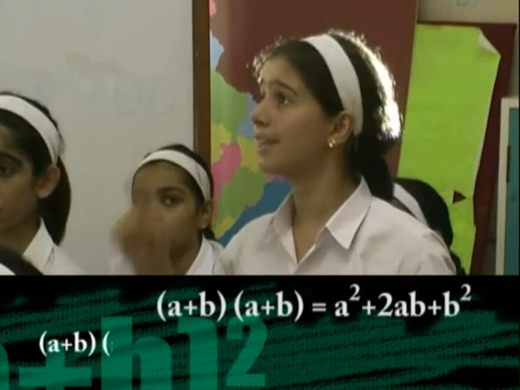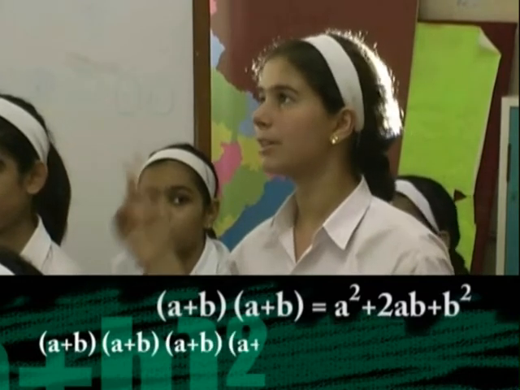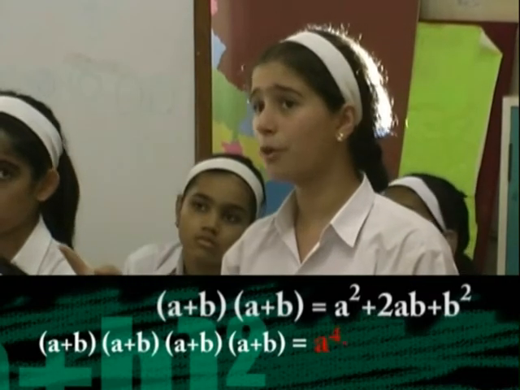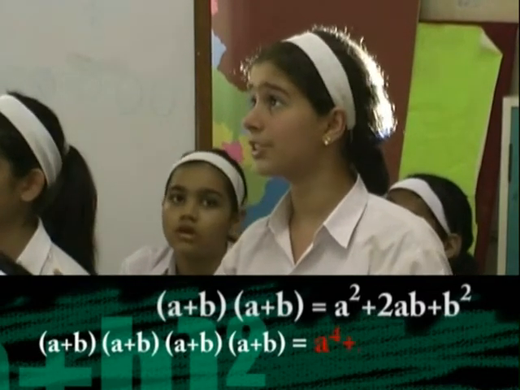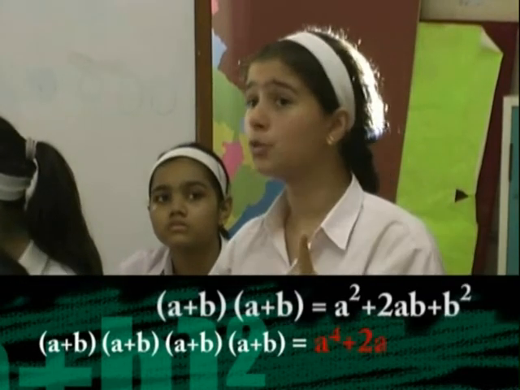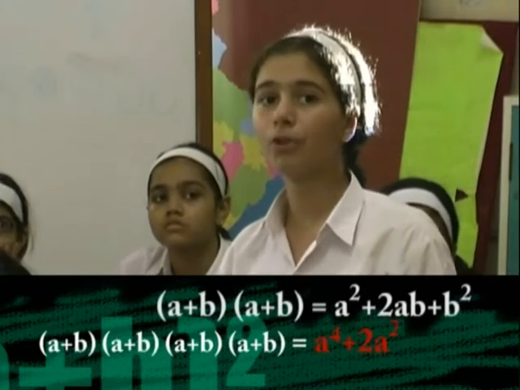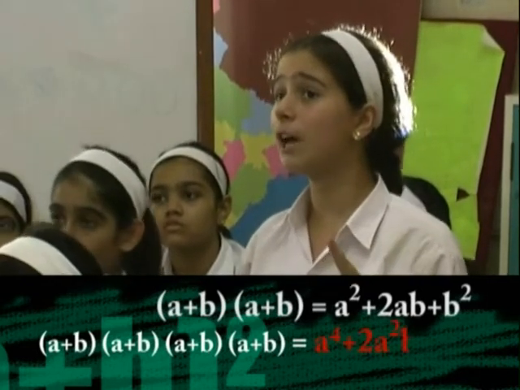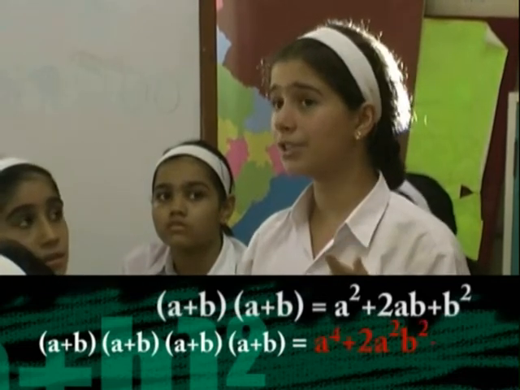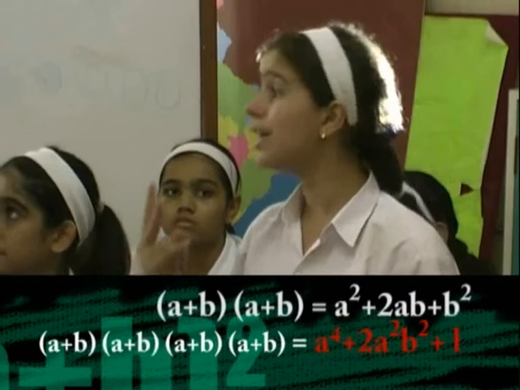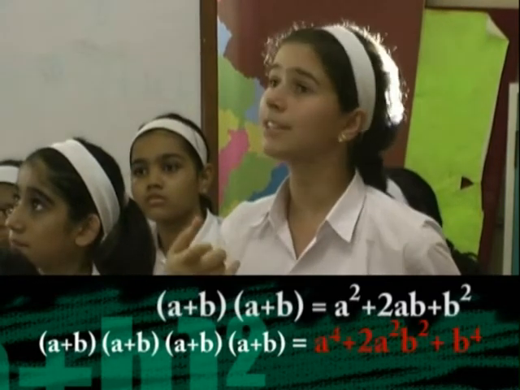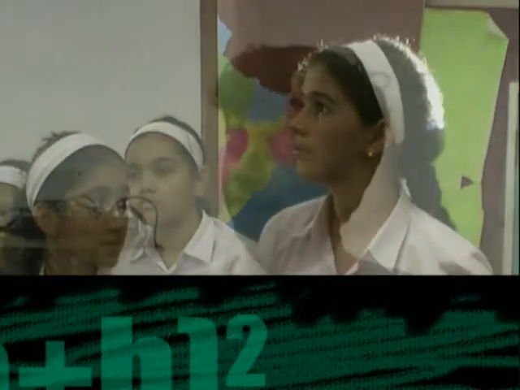So obviously the a will be raised to 4 because it's double, which first was a square. The next will be 2ab before, but now because we have 4, it will be double, and it will come to a raised to 2 and b raised to 2, and b raised to 4, double same as a raised to 4 in the first.